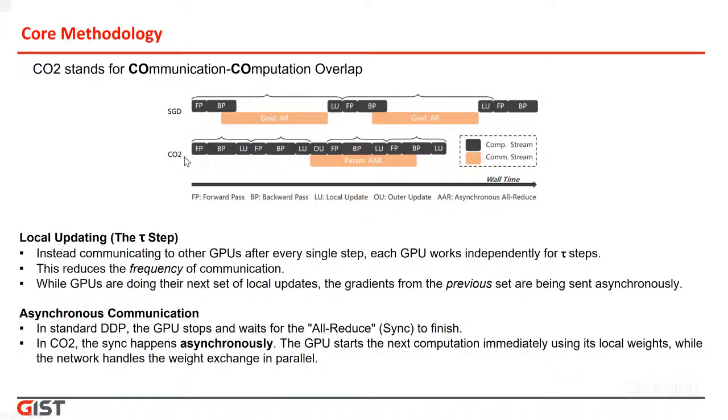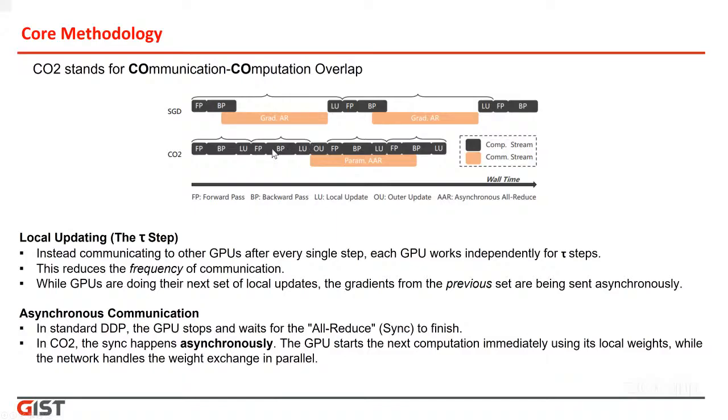But here in CO2, they do not completely remove, but delay this gradient all reduce or synchronization process by local updating. So after the forward and backward pass, every GPU, instead of synchronizing globally, updates locally, and then the next iteration starts.